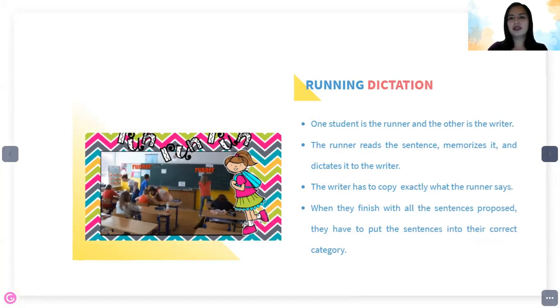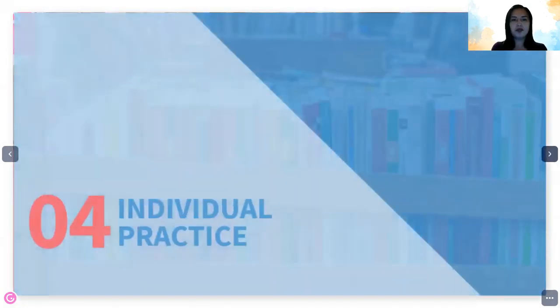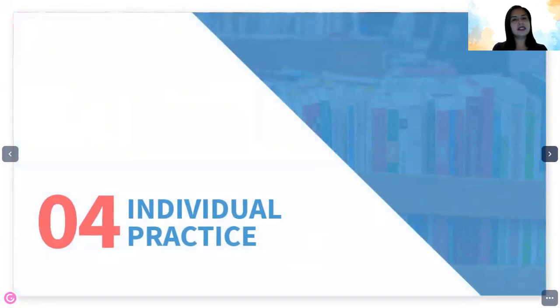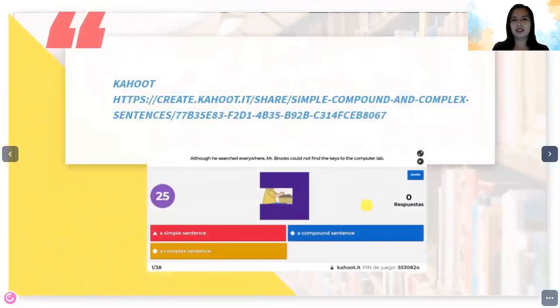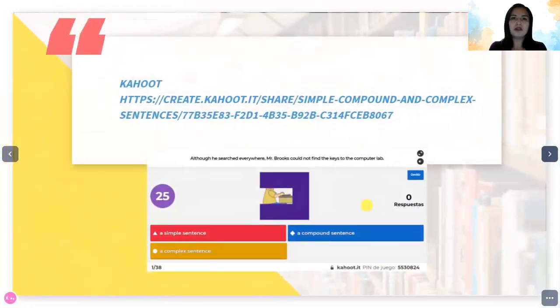And finally, I would like also to practice individually. In this case, I would like to practice with a Kahoot activity. You know, Kahoot is one of the tools that we have online, so we can test the knowledge of our students. This is also a Kahoot activity that I found directly in Kahoot.